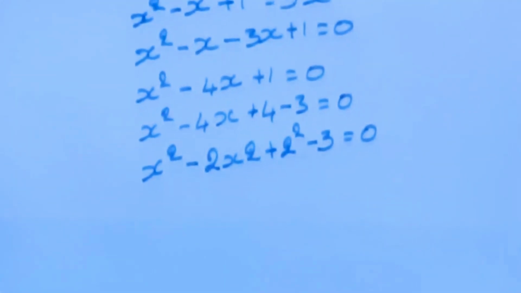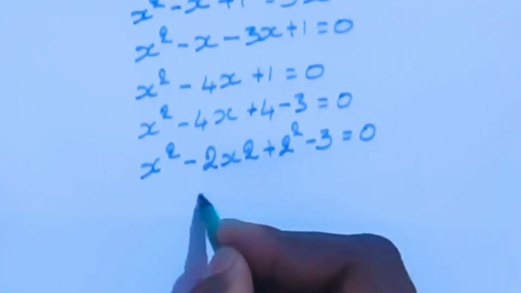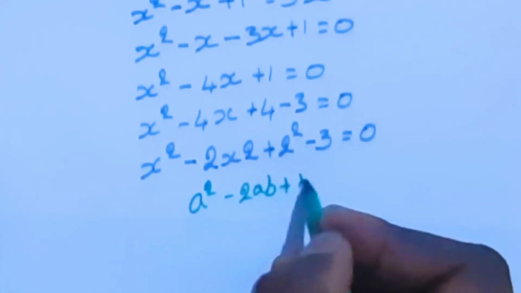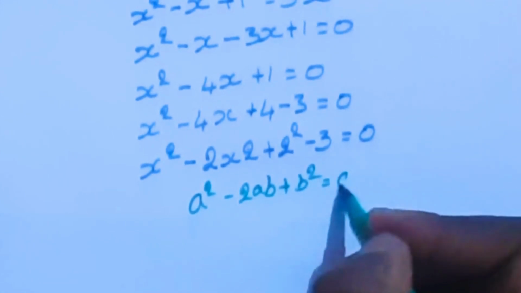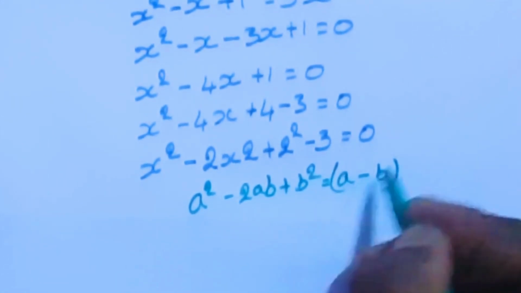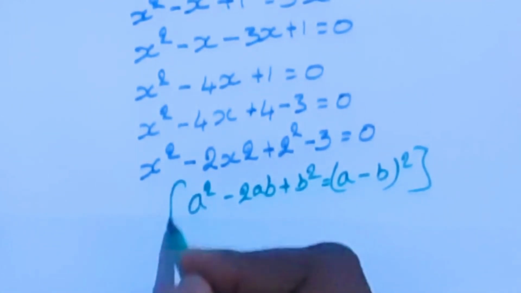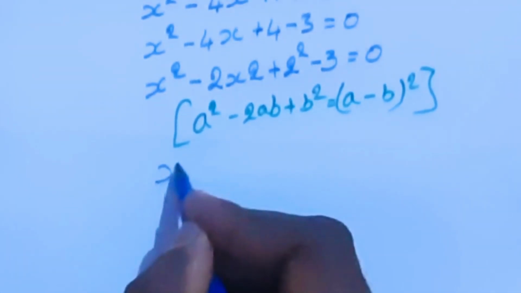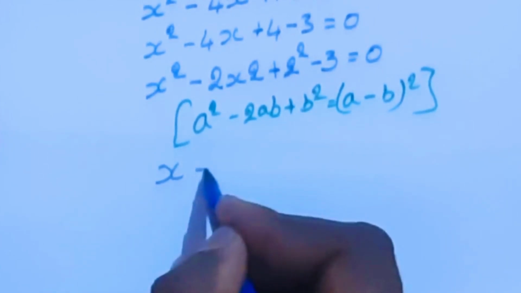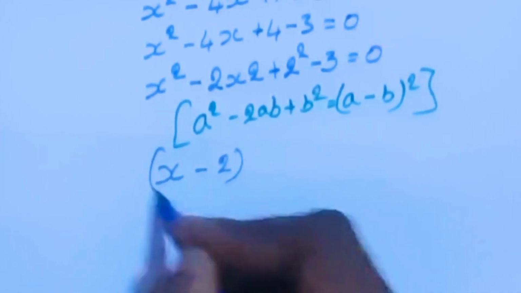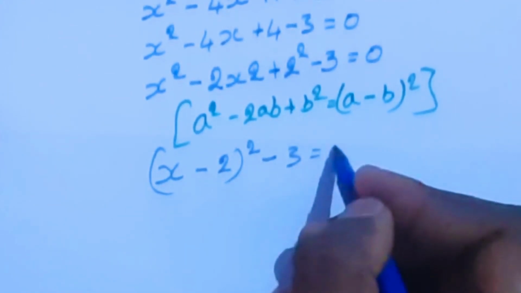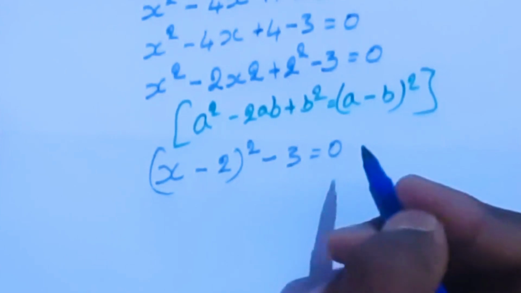Now we are going to apply the algebra formula that a^2 - 2ab + b^2 = (a - b)^2. So (x - 2)^2 - 3 = 0.